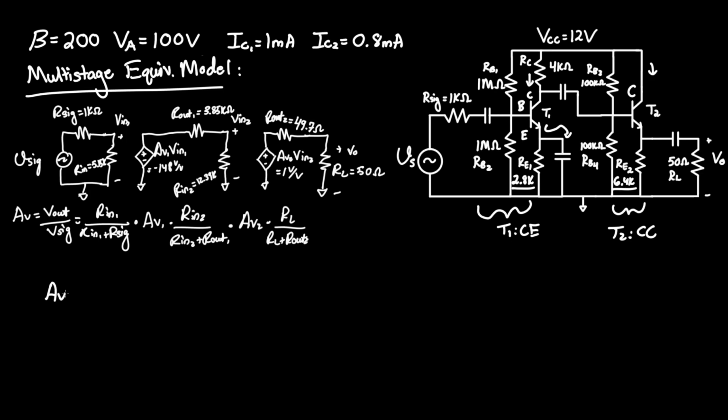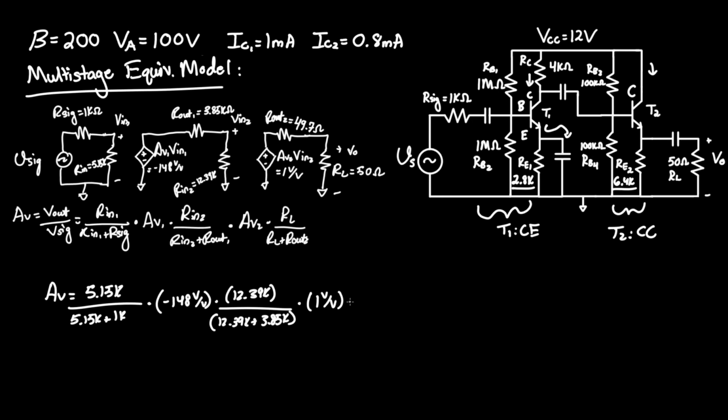Thus, AV equals 5.15 kilo ohms for R-in1 over 5.15 kilo ohms plus 1 kilo ohm, times negative 148 volts per volt, times R-in2, which is 12.39 kilo ohms, over 12.39 kilo ohms plus 3.85 kilo ohms for R-out1, times 1 volt per volt, times RL, which is 50 ohms, over 50 ohms plus 49.7 ohms, which was R-out2.